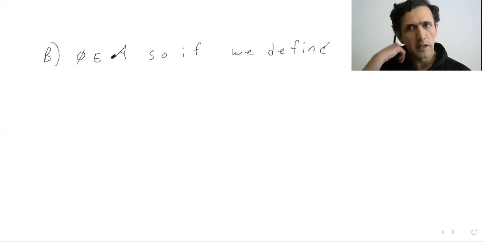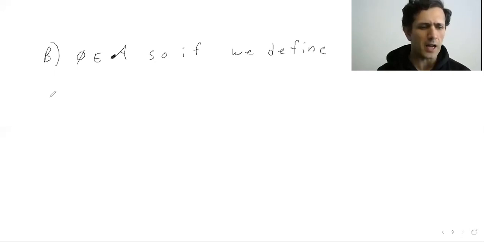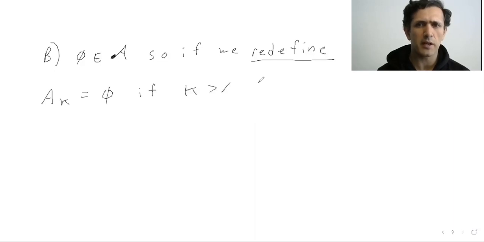Let's redefine AK to be the empty set if K is bigger than N. Then what do we have? I'm only going to do this for unions. Intersections are exactly the same.